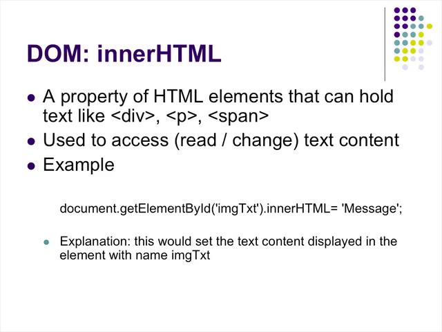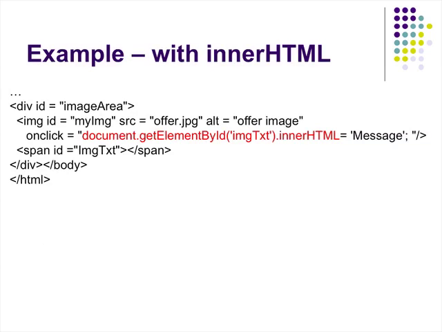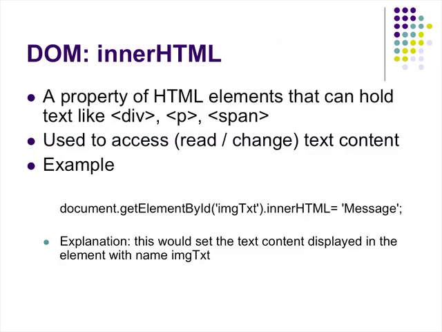And we use this to read content or optionally to change content dynamically. So for example, we might have document get element by ID, that image text, if you remember, which was the empty span in the previous slide, and alter its innerHTML, setting it equal to message.